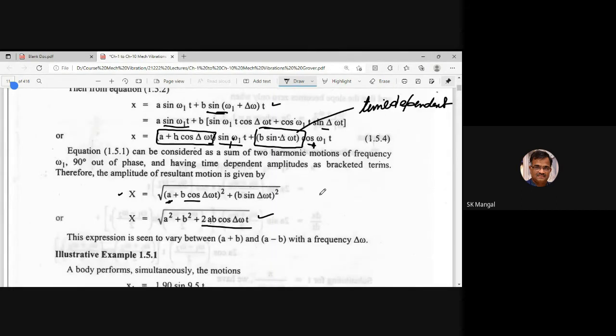So you can say that x is a function of cos delta omega t, which has a maximum value of plus 1 and a minimum value of minus 1. So the amplitude varies from A plus B to A minus B. This is how you get the beat phenomenon for two SHM motions of different frequencies, provided they are very close to each other.